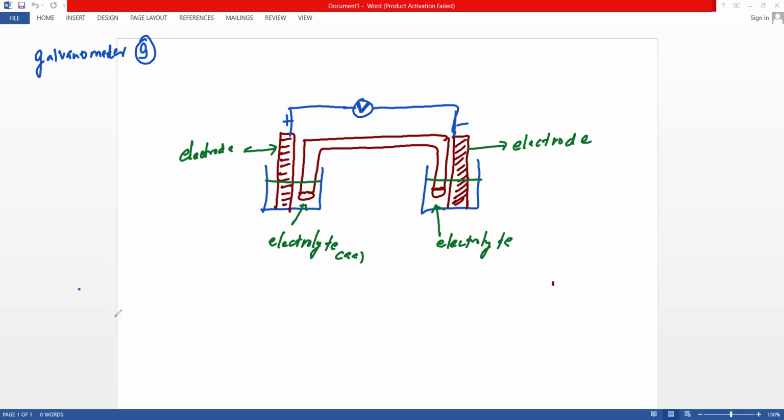Then we also have this inverted U-shaped tube. This inverted U-shaped tube is called a salt bridge.